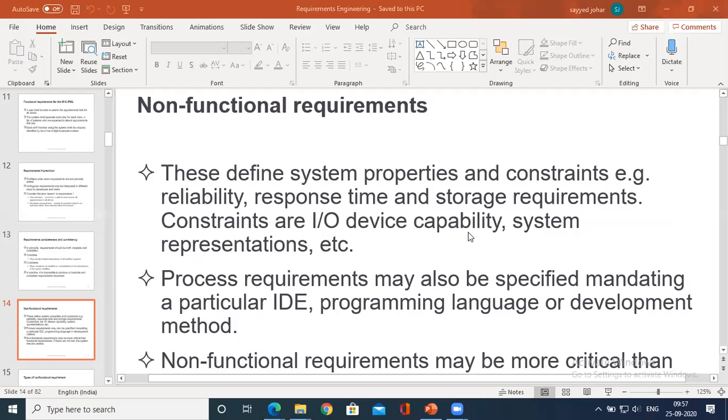In that case, as a student, maybe you prefer the program with 100 lines. But in a real scenario you need to execute that particular program and validate it with respect to many non-functional requirements. Those may be response time, how fast that particular program executes and gives the output.